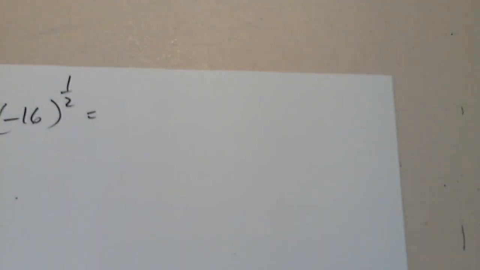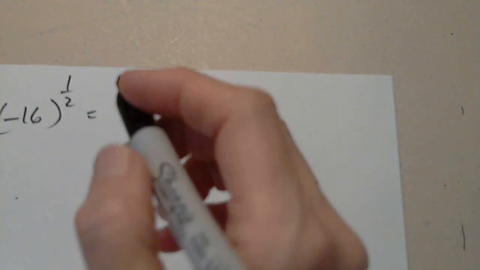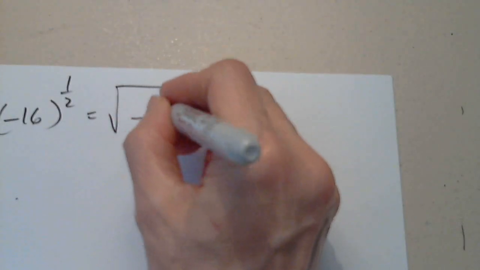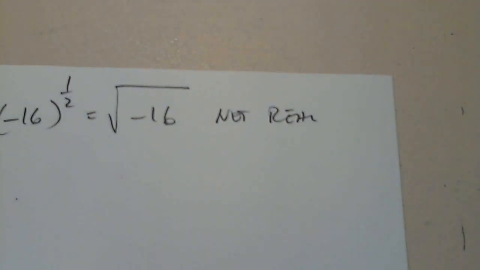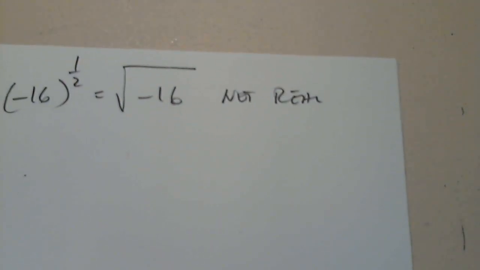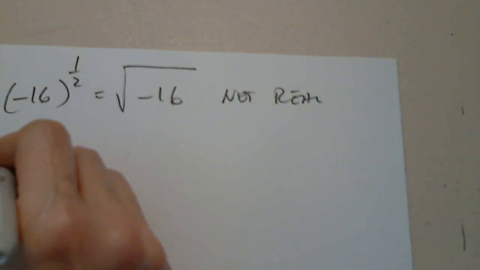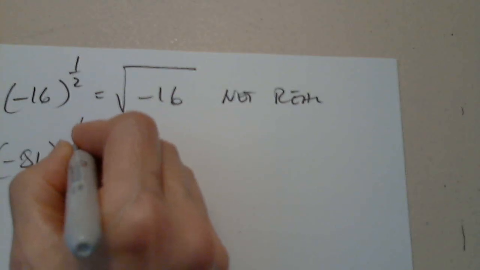So negative 16 raised to 1/2 is the square root of negative 16, which is not real. There's an imaginary 2 above the power, which is the 1/2. That makes sense. Then the other one was negative 81 to 1/4.